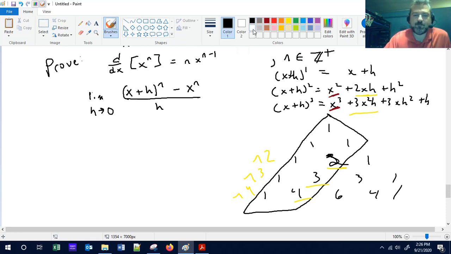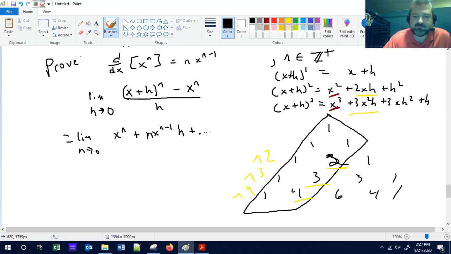So what that means is that if I were to expand this out, this is going to be x to the n plus x to the n minus 1 will be the next power here, h to the first, and the coefficient here will be an n. Do we agree? No matter what n is, that number will be the second one.